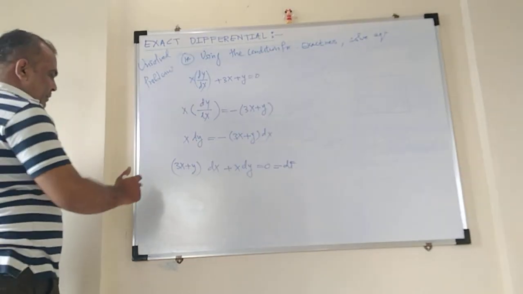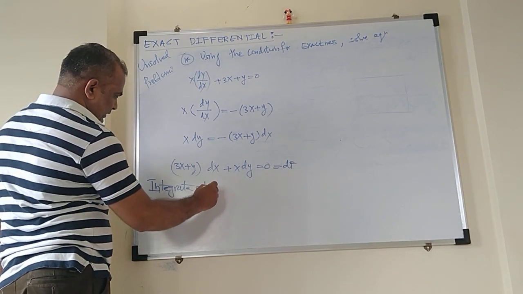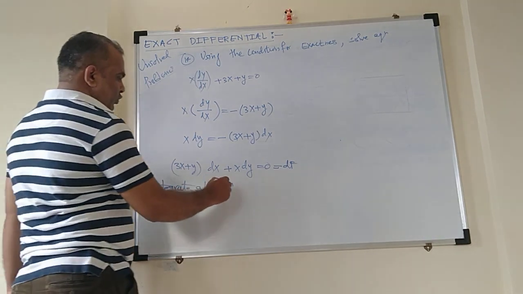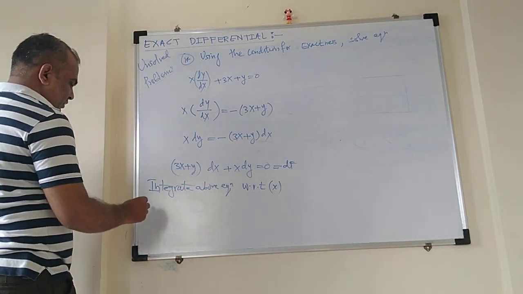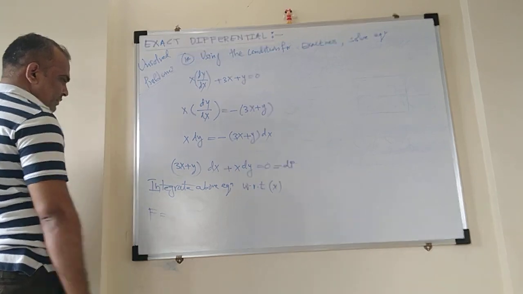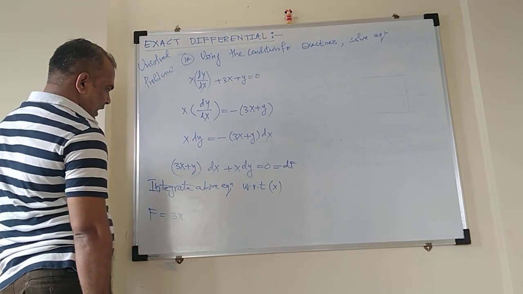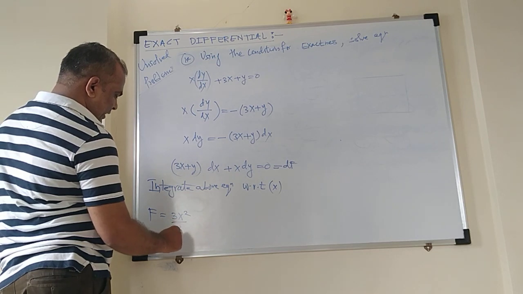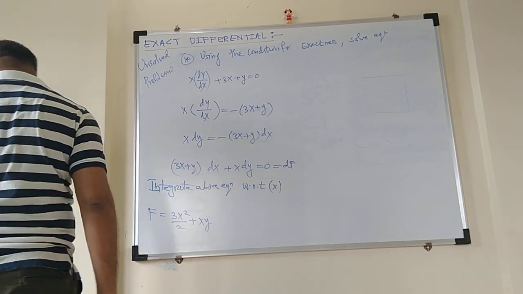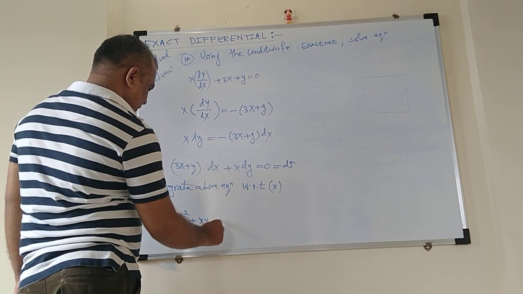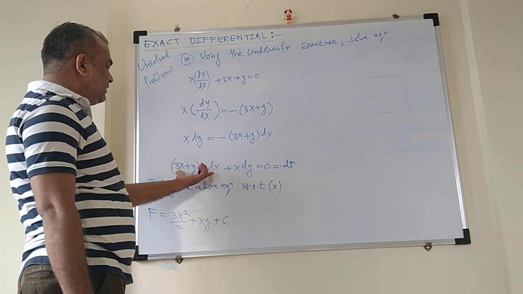Now if you integrate the above equation with respect to x, then you will get integration of df is equals to f is equals to, now integration of 3x is 3 into x square by 2 plus y into integral of 1 is xy plus c, the integration constant, as we are integrating only the coefficient of dx.